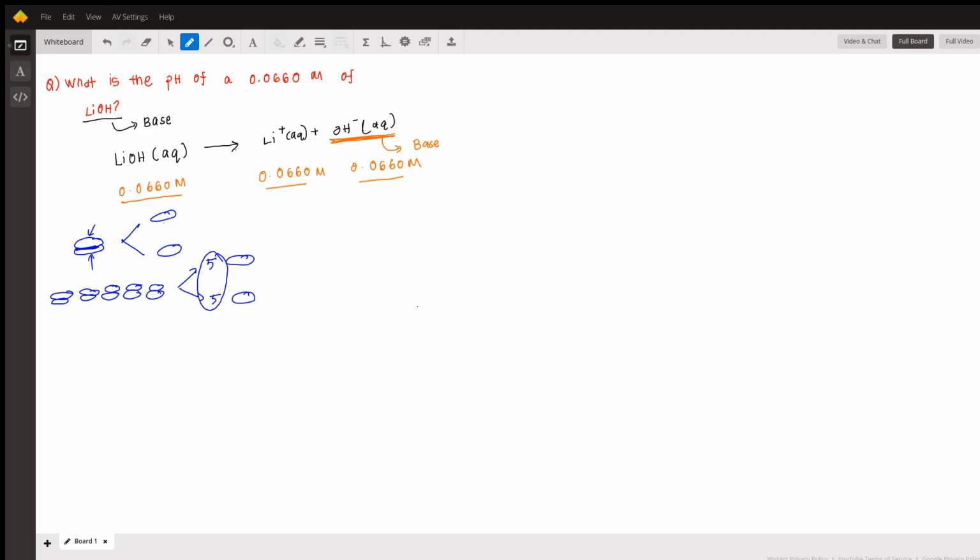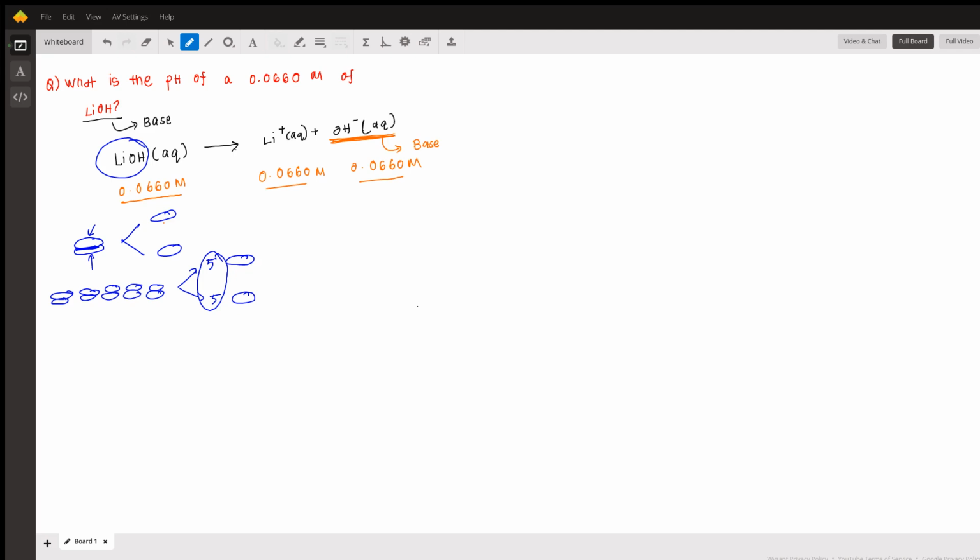Just like that, this lithium hydroxide is composed of lithium cation and hydroxide anion. So when we separate one lithium hydroxide, we will produce one lithium cation and one hydroxide anion.